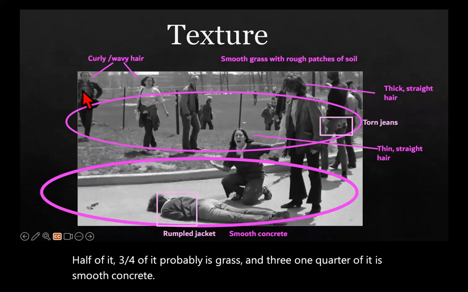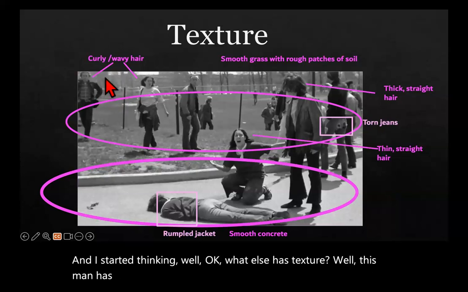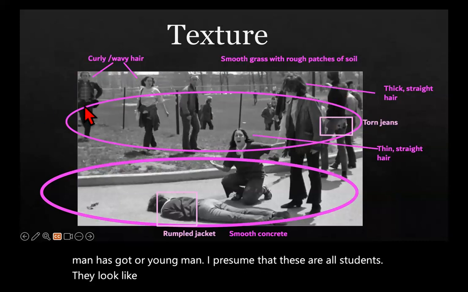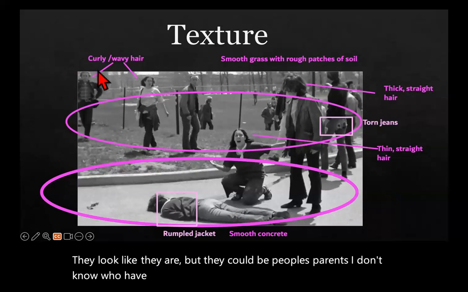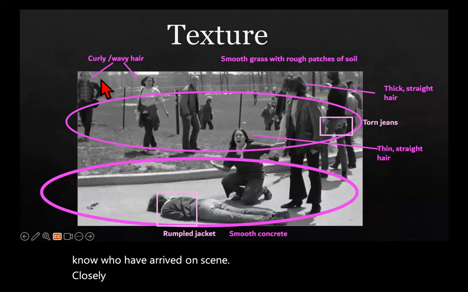And I started thinking, well, okay, what else has texture? Well, this young man, I presume that these are all students. They look like they are, but they could be people's parents who have arrived on scene. Closely cropped curly hair. And this appears to be a girl with wavy hair.